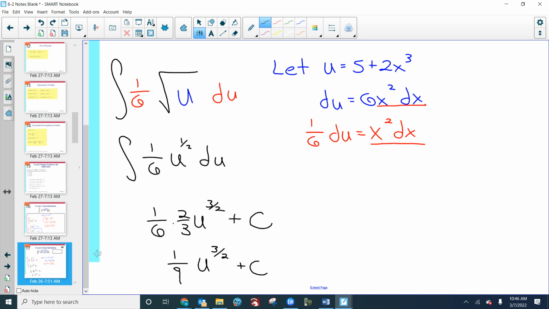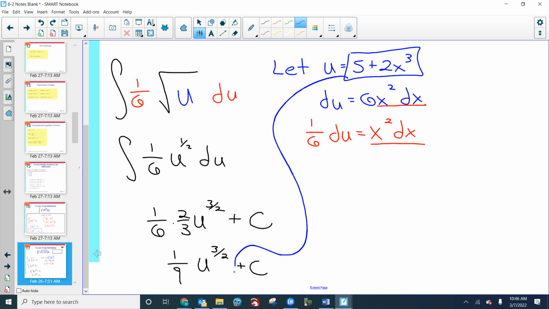Okay, so that antiderivative was just a little bit messy because of the fractions, but we were able to do it, right? We knew the rule. We used the power rule. Now we have it in a pretty good form. What did we let u equal? 5 plus 2x cubed. That goes in there.